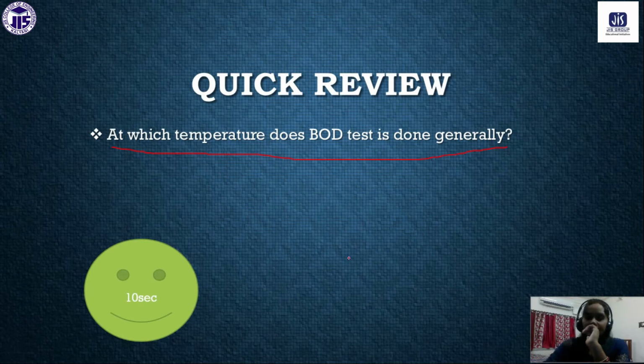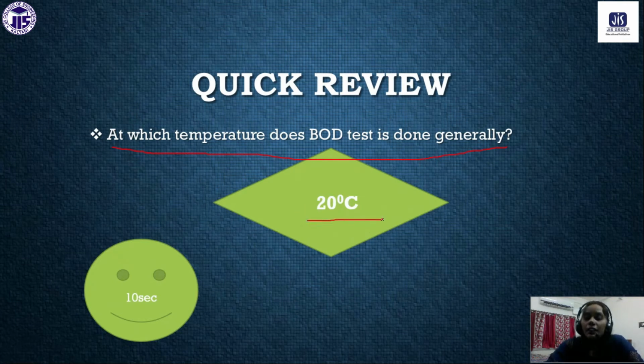Your time is over, and you're absolutely right, students. We generally do the BOD reaction at 20 degrees centigrade for 5 days in a dark place. We have to collect the wastewater sample, dilute it, and keep it in a dark place for 5 days at 20 degrees centigrade, and after that the reaction will be completed, or it may not be.